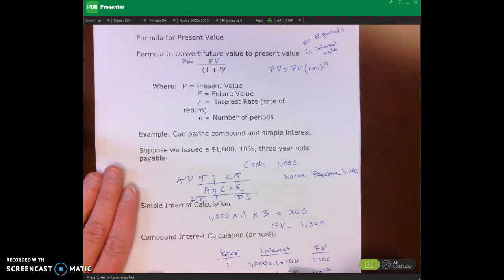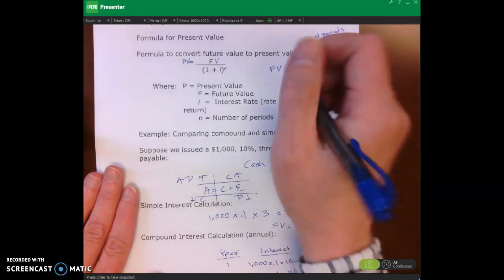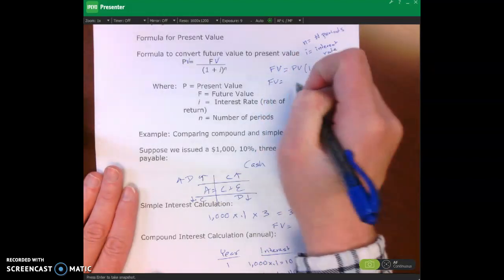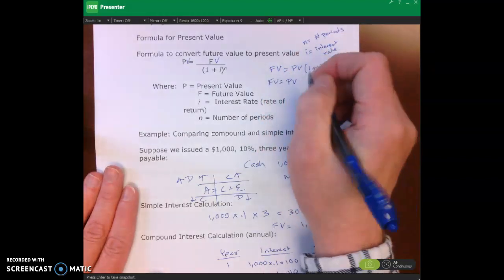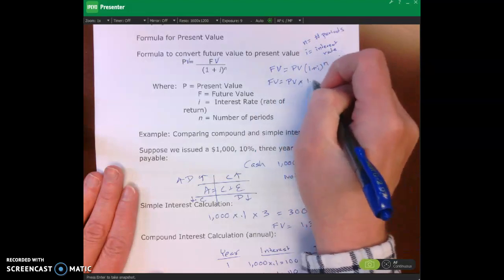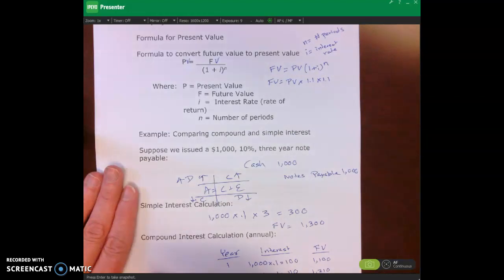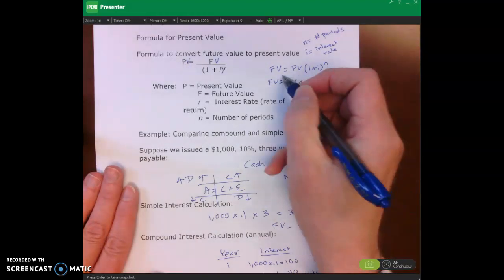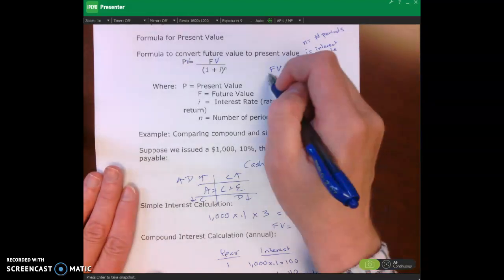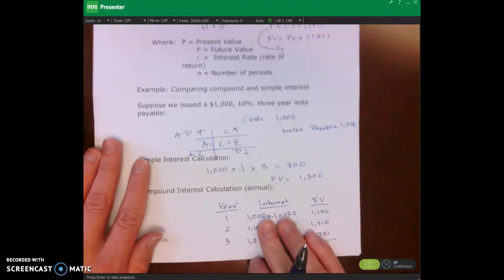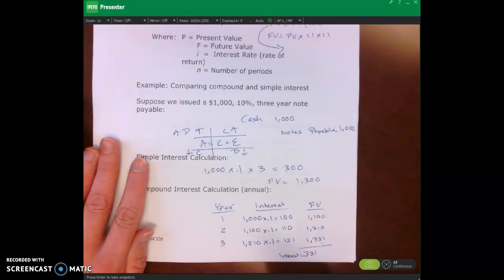If you look over here, we're really just saying FV equals PV times 1.1, times 1.1, and so on and so forth, all the way up to the n power. So this is our mathematical formula, which represents what's going on in this table.